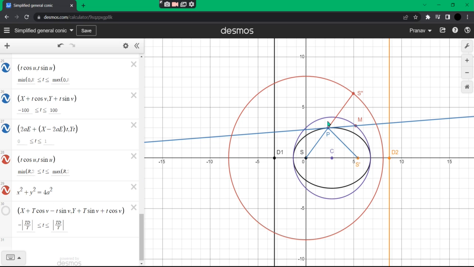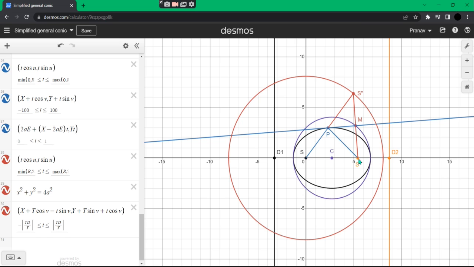Let's just join all the lines now, because then you will understand what's going on. First of all, what's M? Oh yeah, just extend this SP till it meets the auxiliary circle. And then you get this tangent over here.